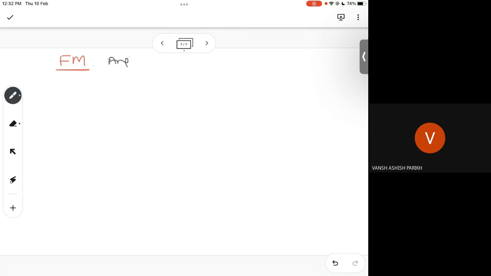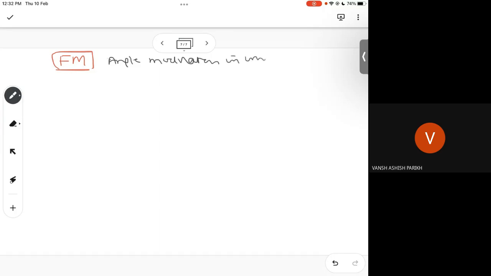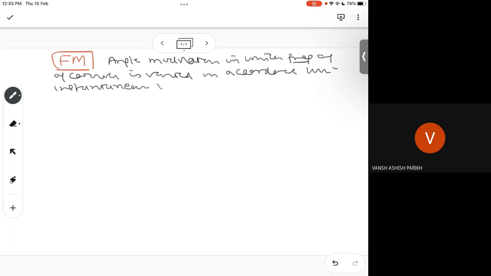It is angle modulation, in which the frequency of the carrier is varied in accordance with the instantaneous value of the modulating signal, or the message signal.